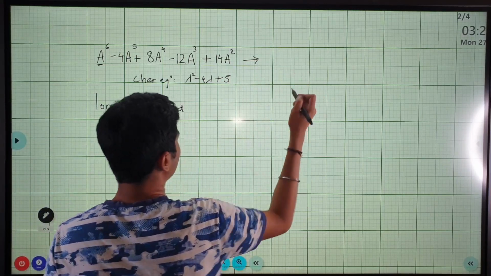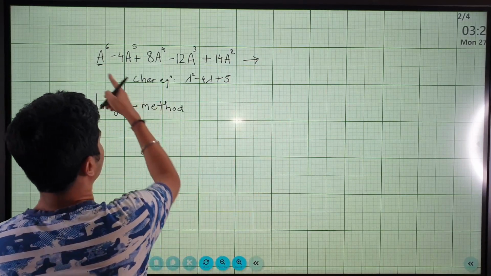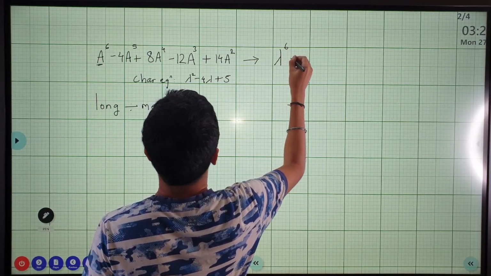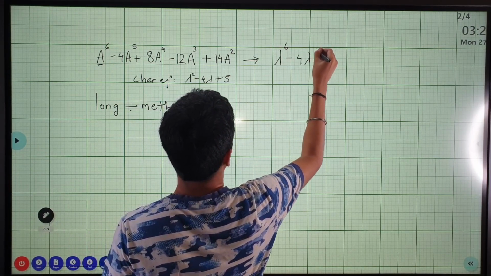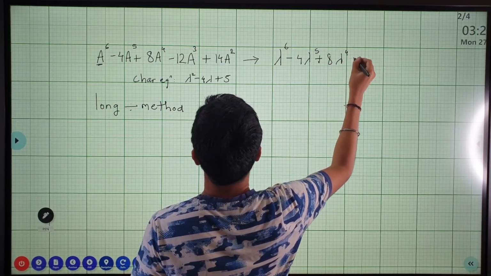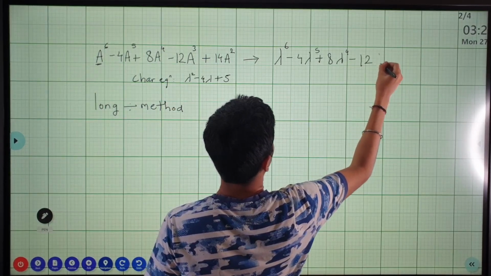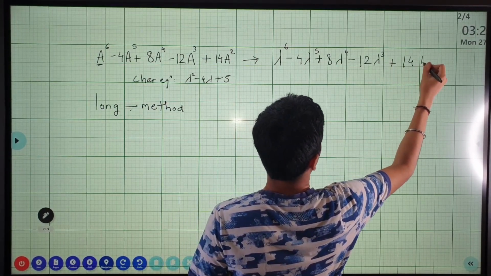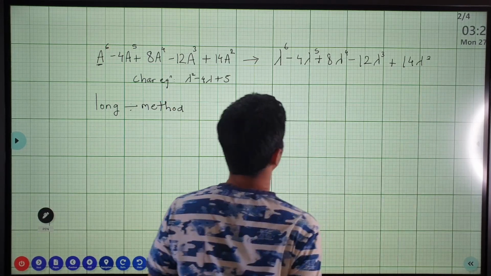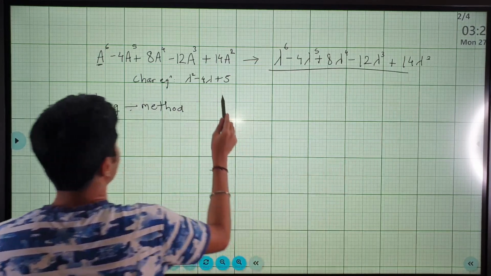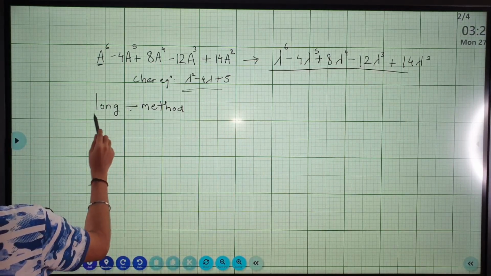So by Cayley-Hamilton theorem, you can write this equation as λ⁶ - 4λ⁵ + 8λ⁴ - 12λ³ + 14λ². So now we are going to divide this equation by the long division method.